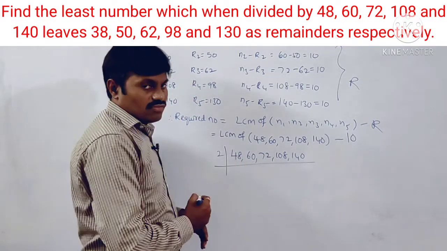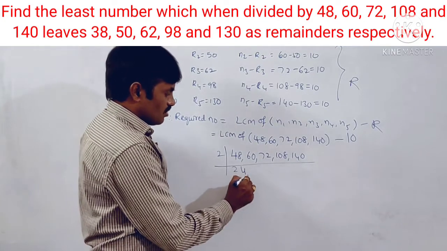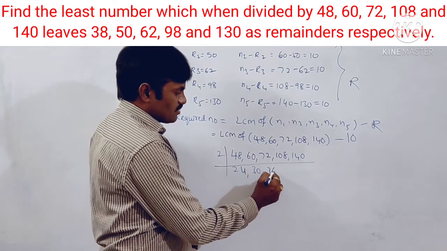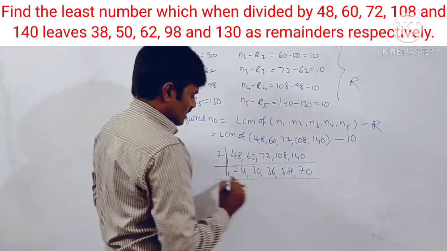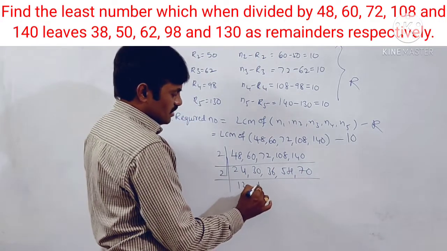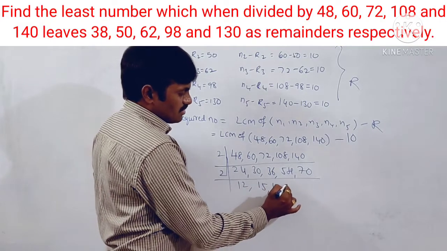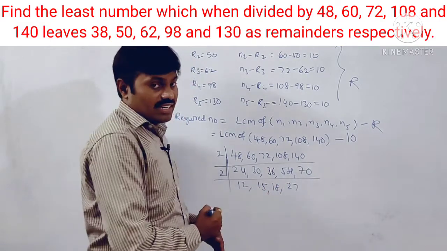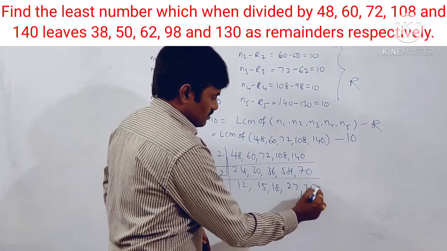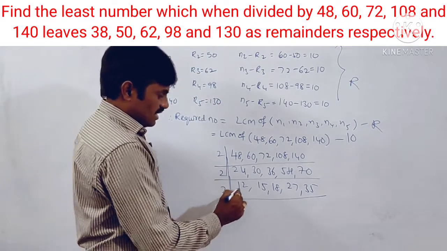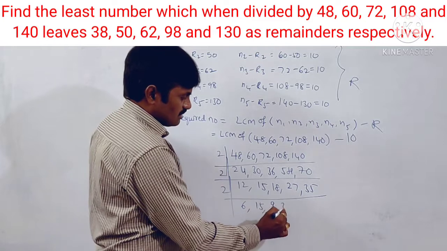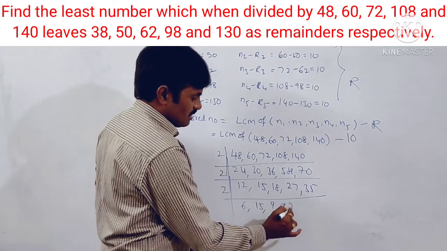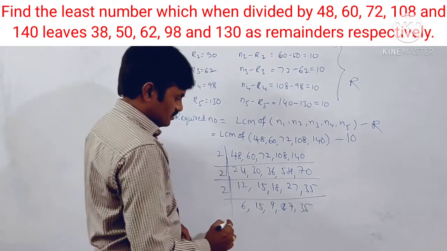We start from the 2 table: 24 times, 30 times, 36 times, 54 times, 70 times. Again take the 2 table: 12 times, 15 times, 18 times, 27 times and 35 times. Again take the 2 table: 6 times, 15, 9, I'm sorry, 27, 35.